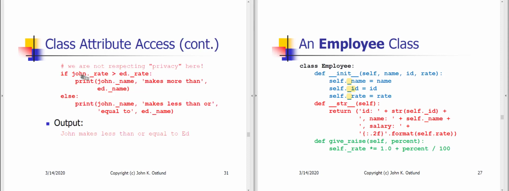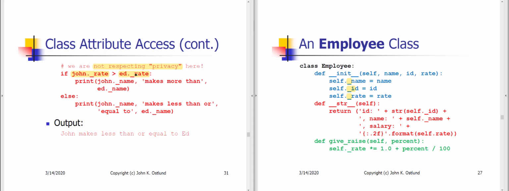And so here we have some code that some user of our employee class, some other application developer, is writing, just blowing right past our request for privacy and comparing, well, is John's rate greater than Ed's rate? We're just directly going in and accessing underscore rate from John and underscore rate from Ed.